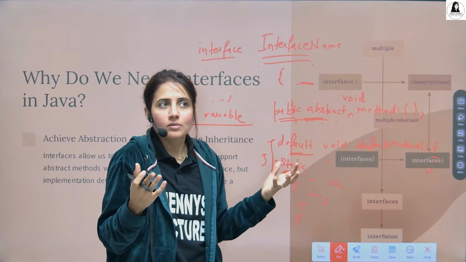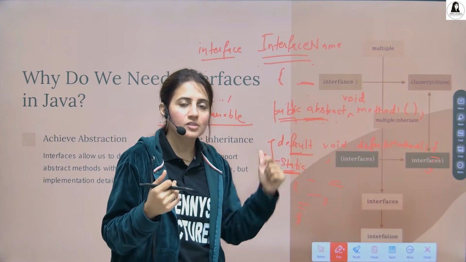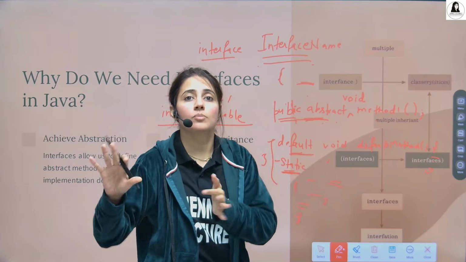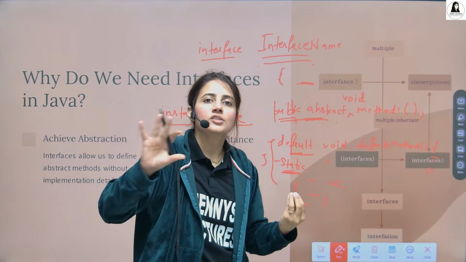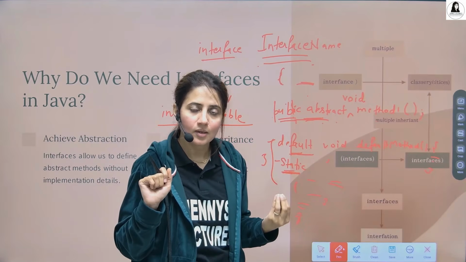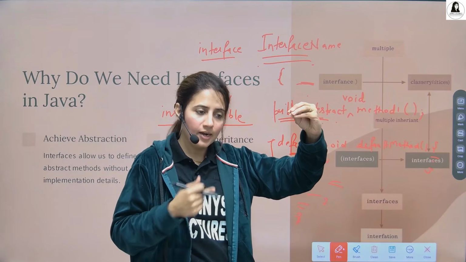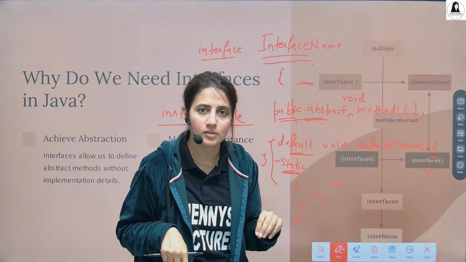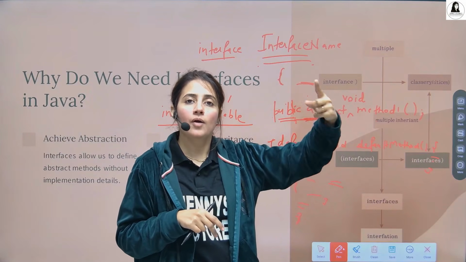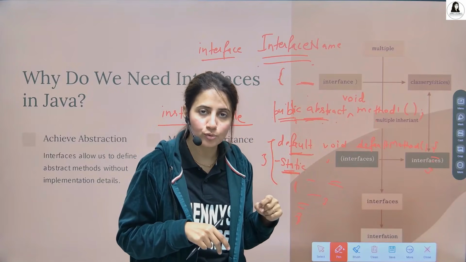Obviously we cannot create an object of any interface, meaning interfaces are non instantiable, although abstract classes are also non instantiable. But abstract classes have subclasses, and we can create objects of those subclasses. So that's why an abstract class also has a constructor and instance fields, right?